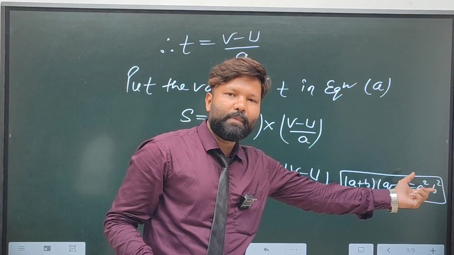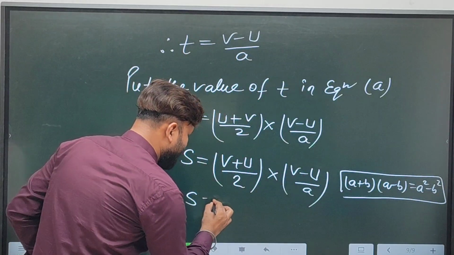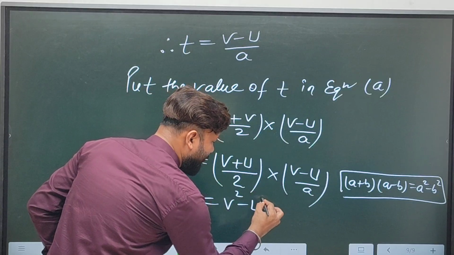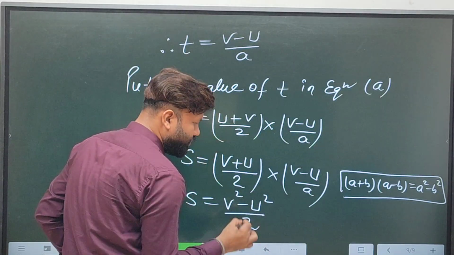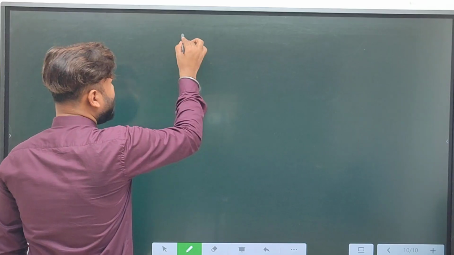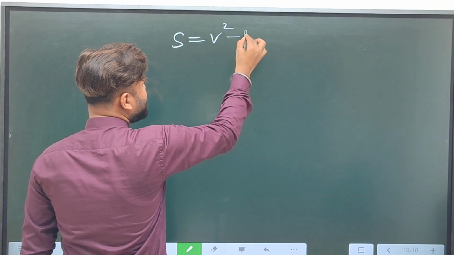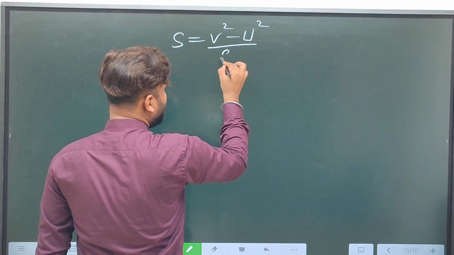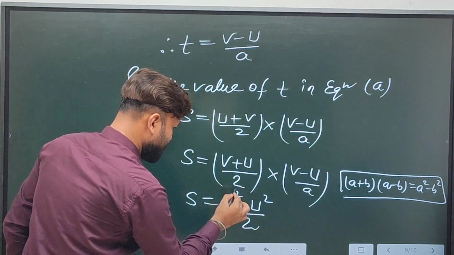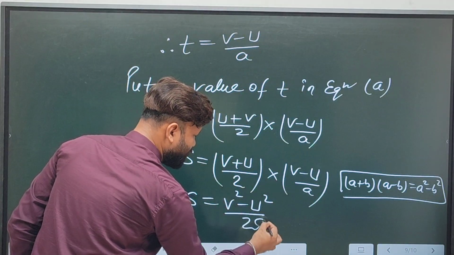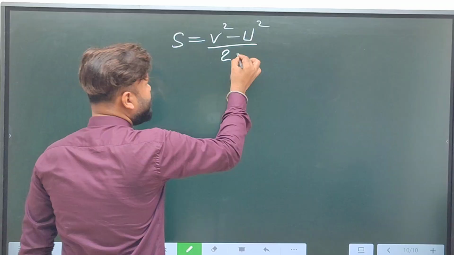So v square minus u square we can say. So here it will be v square minus u square by 2. So s is equal to v square minus u square by, here 2 and a multiply, so it is 2a.